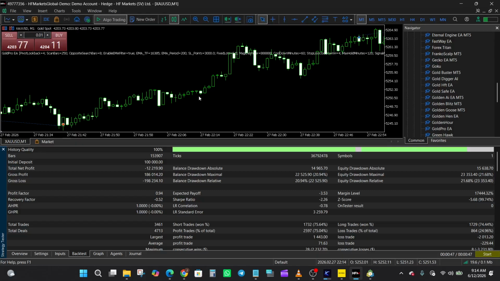Overall, the GoldPro EA presents itself as a dedicated MT5 gold trading system that combines smart money concepts, market structure analysis, layered profit taking, and multiple risk control mechanisms. So if the approach aligns with your trading style, make sure to perform your own testing and evaluation before considering live deployment.